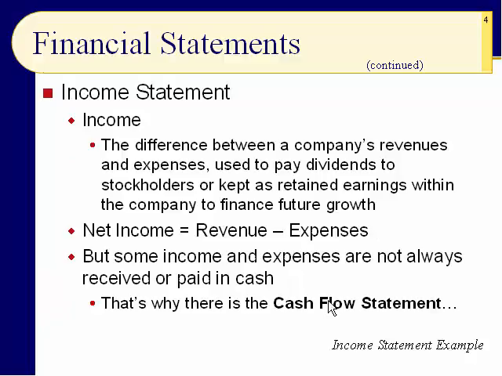Slide number 4, the income statement. The income statement is what we call the cash flow statement in the financial planning class, and every one of the accountants, as I said, cringe and don't like that we do that. It shows us our income, our revenue, and then our expenses. So the difference between the company's revenues and expenses is called net income.